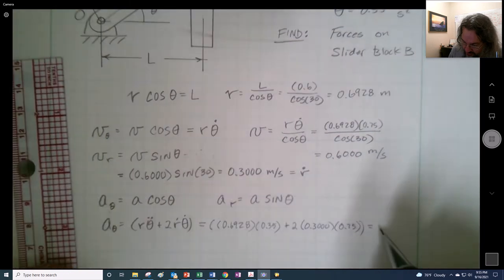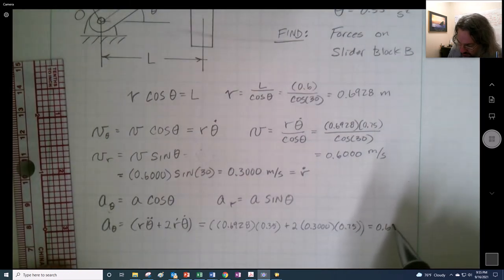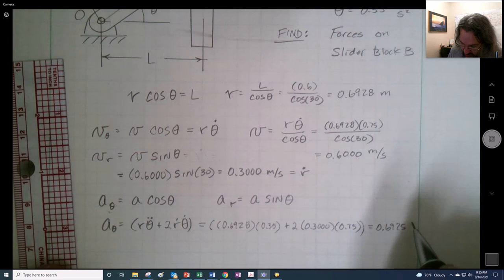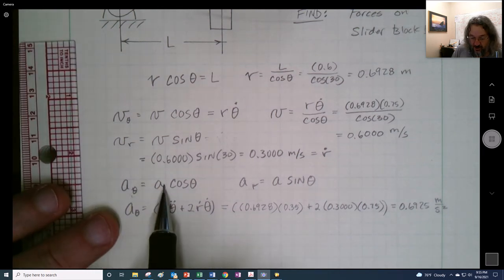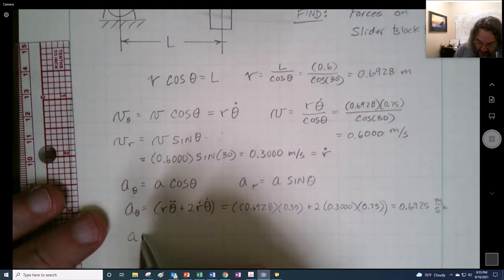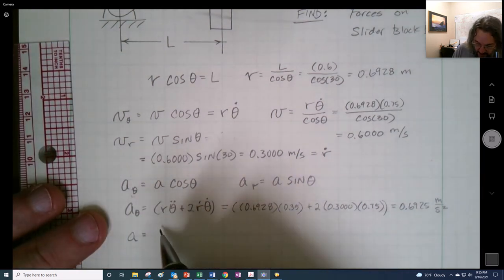So we say this is going to be 0.6925, and these are meters per second squared. Okay, so now knowing this, we're able to find the overall acceleration, which is going to be that A theta divided by the cosine of theta.